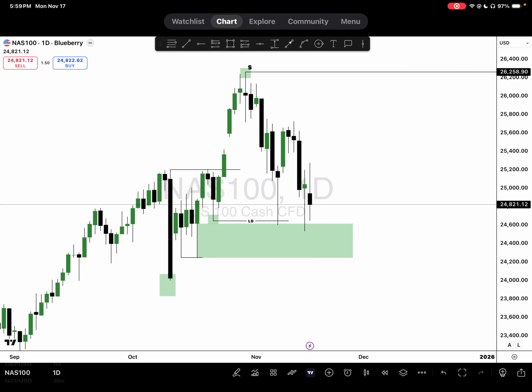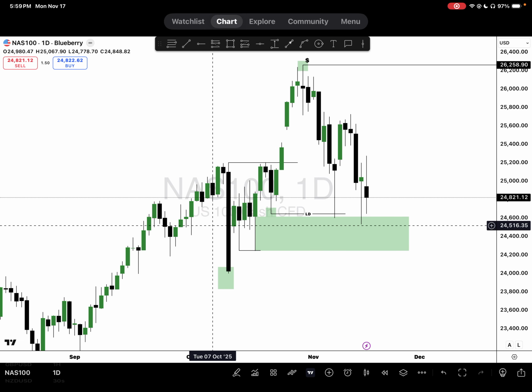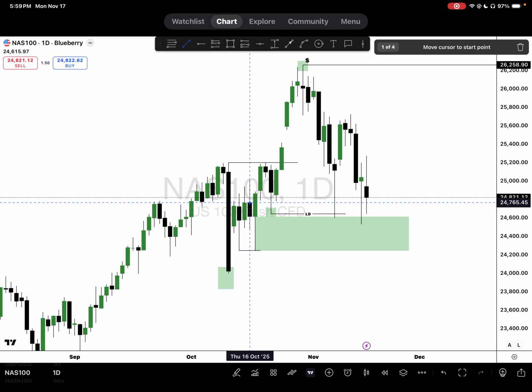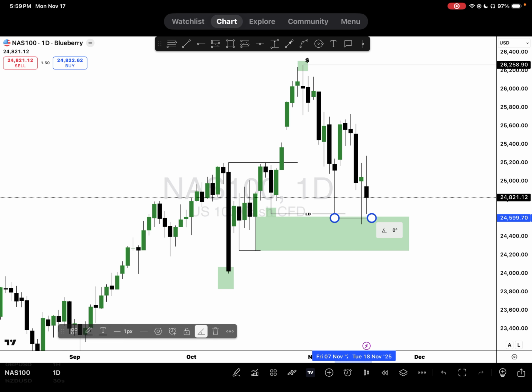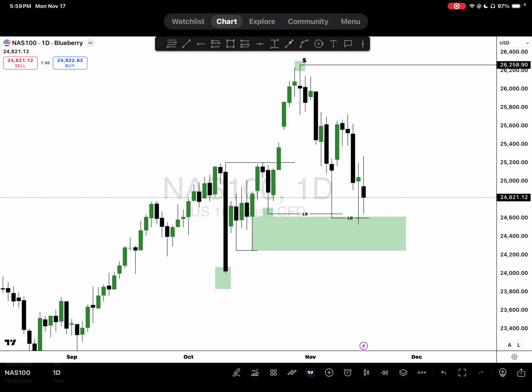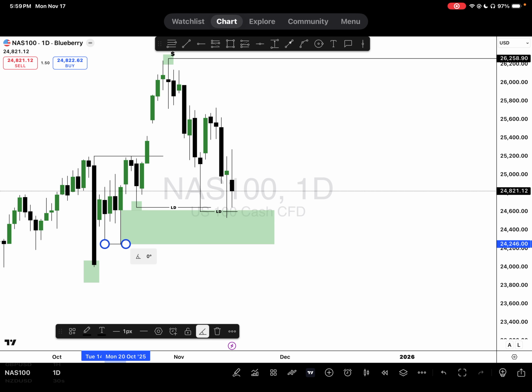So as of right now, if I'm going to go based off of the CFD charts for this analysis, which is what I'm doing, what I'm seeing is basically multiple liquidity draws. We had the first liquidity draw here, then we had the second liquidity draw here, and we dipped into this wick here, still the same thing.